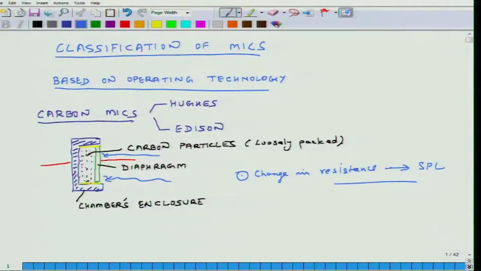A lot of these microphones were actually using carbon microphones, but they were not so much used for measuring sound. They were used to capture sound for communication purposes, but not for scientific and instrumentation related purposes. So this was perhaps the first category of microphones which came into existence.